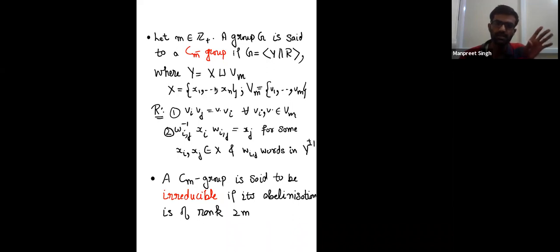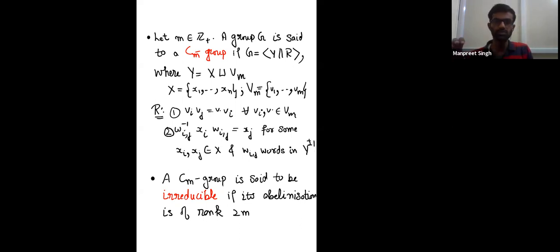And we add the relations of commutativity for each vi and vj. And the second is the relation of this kind. Basically, these are conjugation relations where these w_ij's are some words in the set Y and plus minus 1. And minus 1 basically means we are considering the formal inverses.